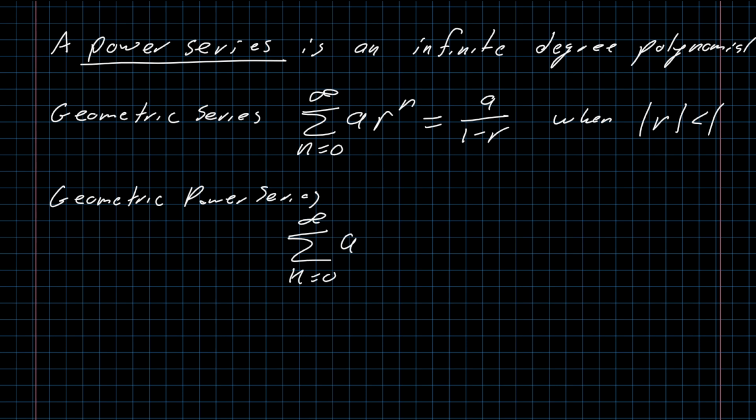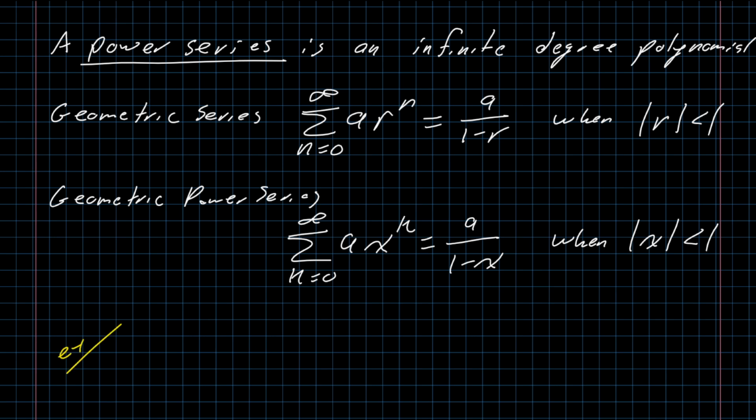So we have some constant a times x to the k. And this will converge and will give us a over 1 minus x whenever the absolute value of x is less than 1. And so that is our basis.